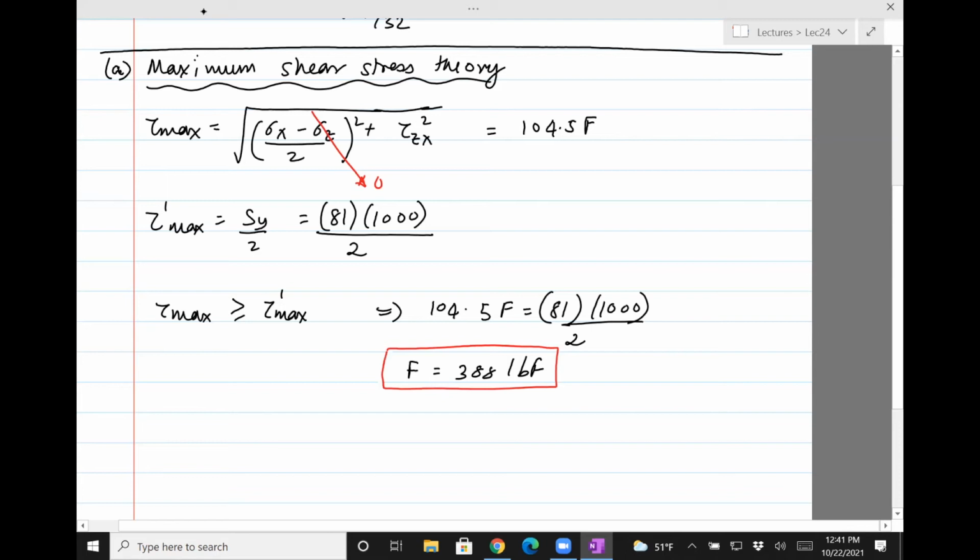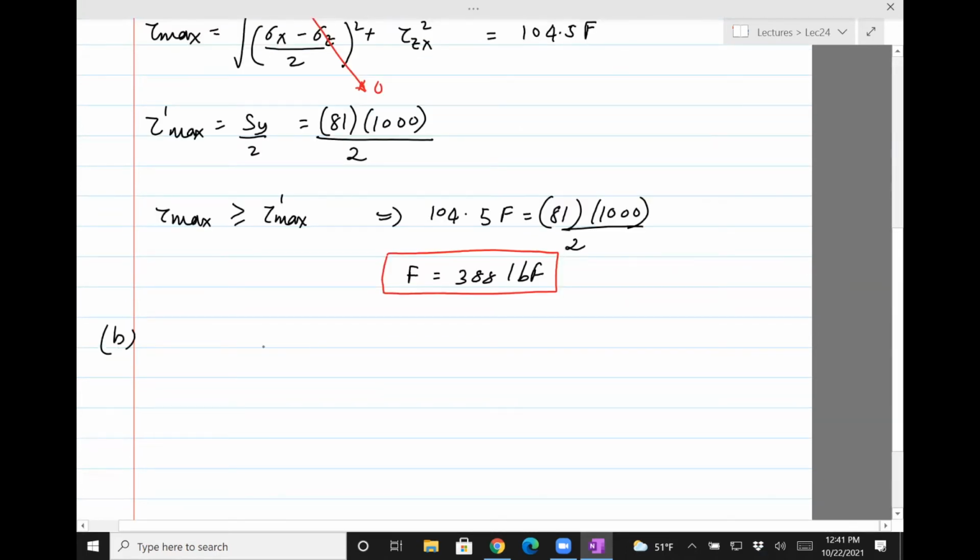So that's 388, from the maximum shear stress theory. Let's do distortion.